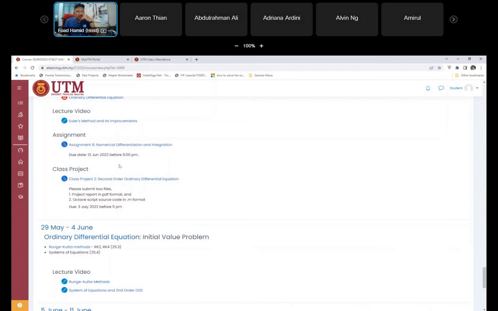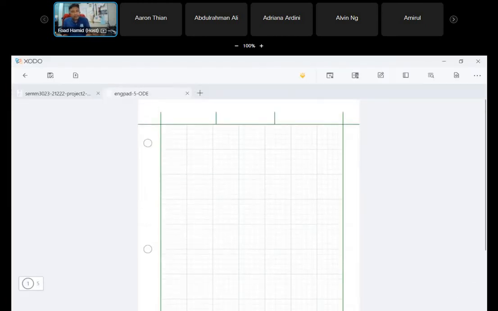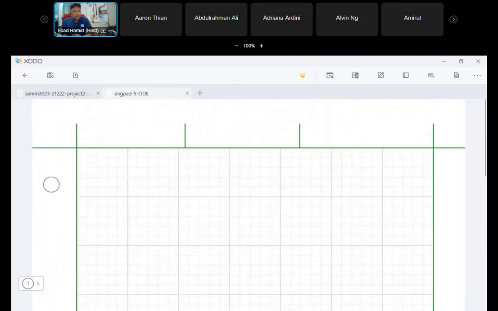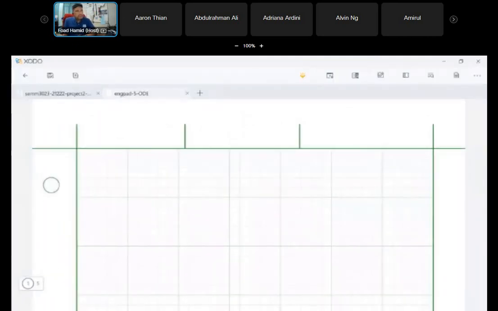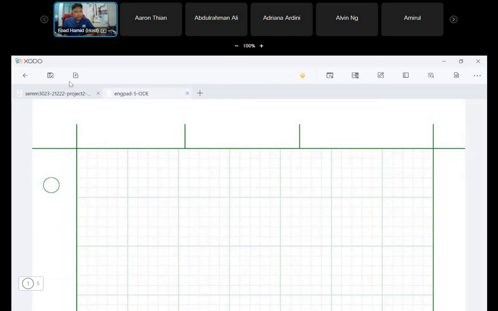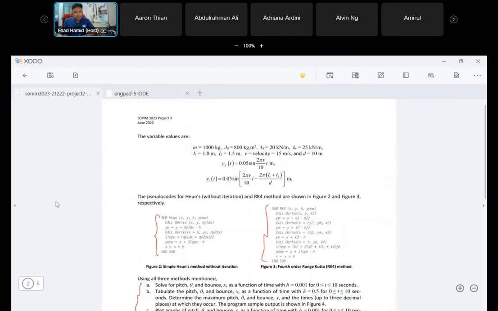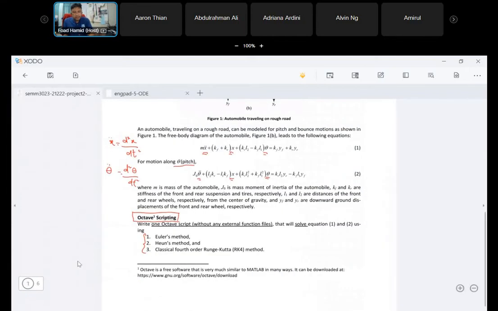What we are going to do today is talk about second order ODE. Before we can talk about second order ODE, I want to talk about system of ODE. Our project is a system of ODE, because both equations have the unknowns x and theta.